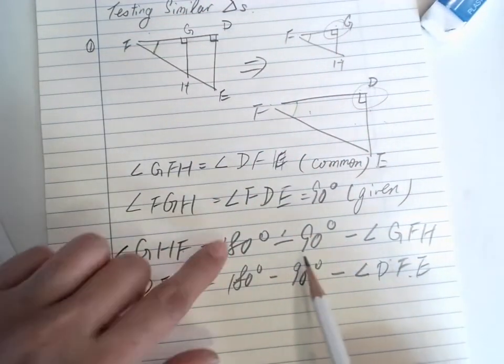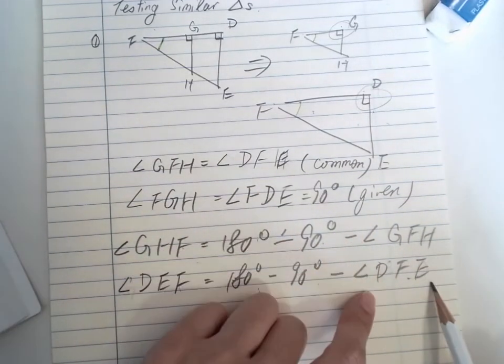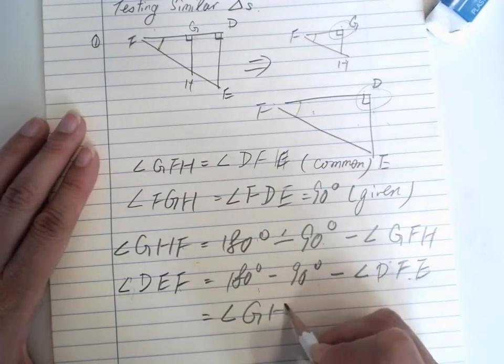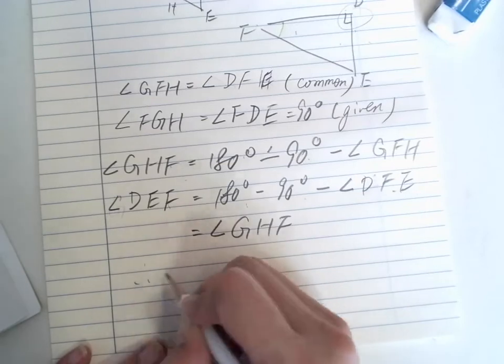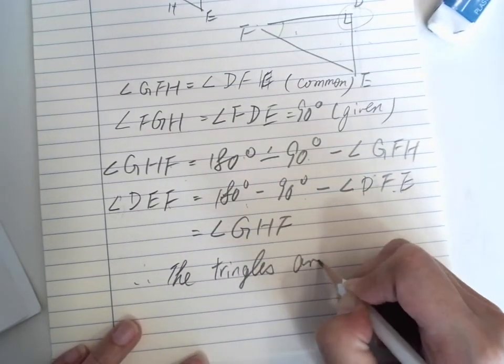Because the 180, the 90, and this angle are the same, as proved there, angle DEF will be equal to GHF. Now we got 3 pairs of equal angles, therefore the triangles are similar.